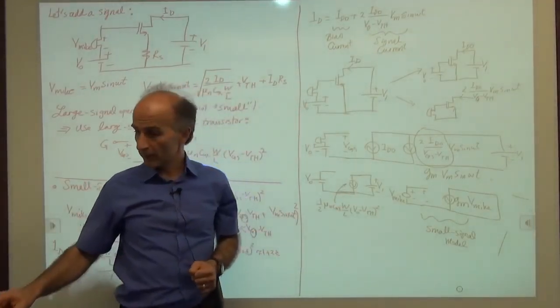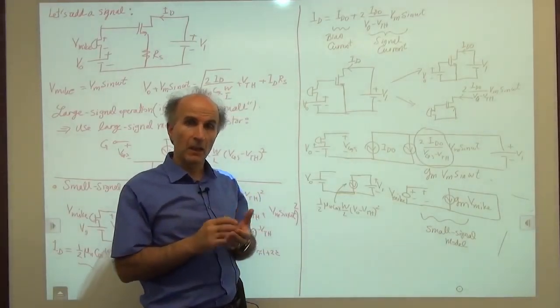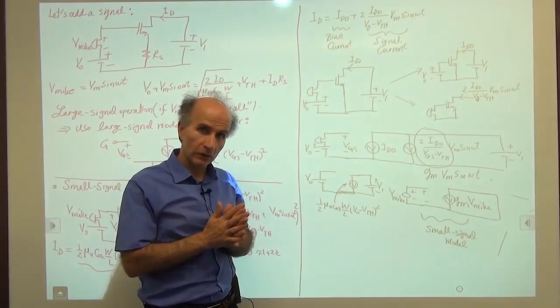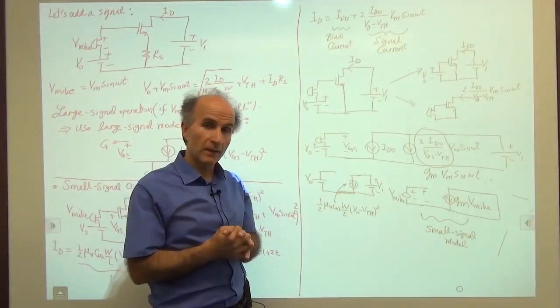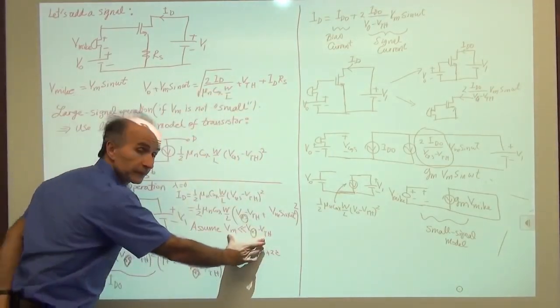It's very important to understand that small signal operation means the signal that's coming in creates a very small change in everything. In particular, it creates a small change in the overdrive voltage, because that was our condition.